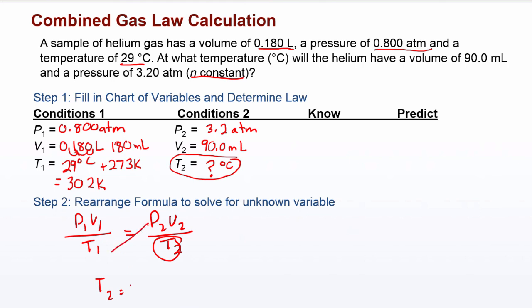So we'll multiply the variables that are diagonal from each other, and then divide by the leftover variables. So we'll divide by the P1V1. So that's what our formula will be: the temperature 1 times pressure ending times volume ending divided by the pressure 1 times the volume 1.